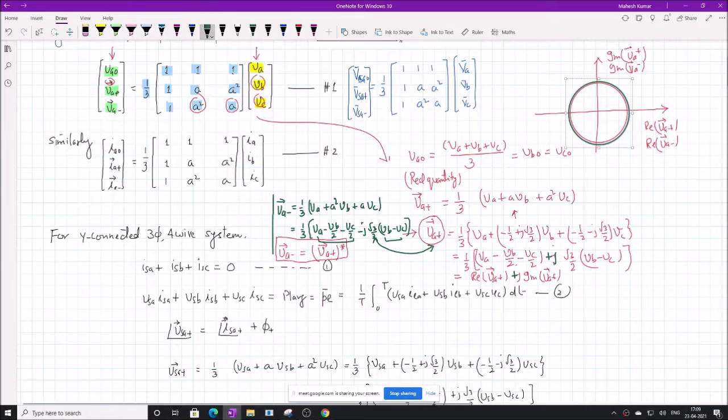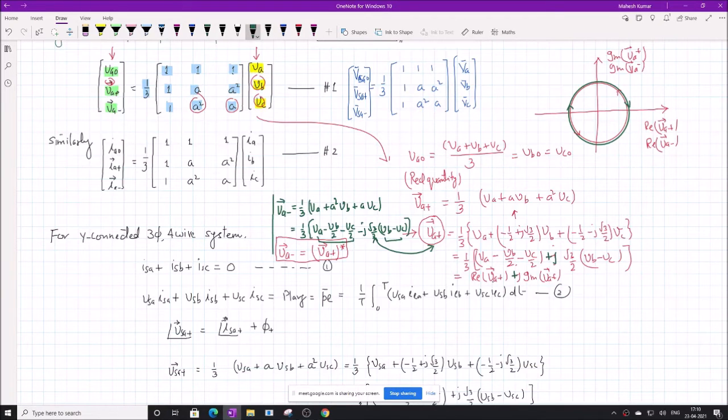Let us make it green, just for the sake of seeing it on the same graph. Then the nature of the first one, the red one, will be in this direction, and the green will be like this. I have changed the radii just to see the difference on the screen; otherwise they have the same radius.